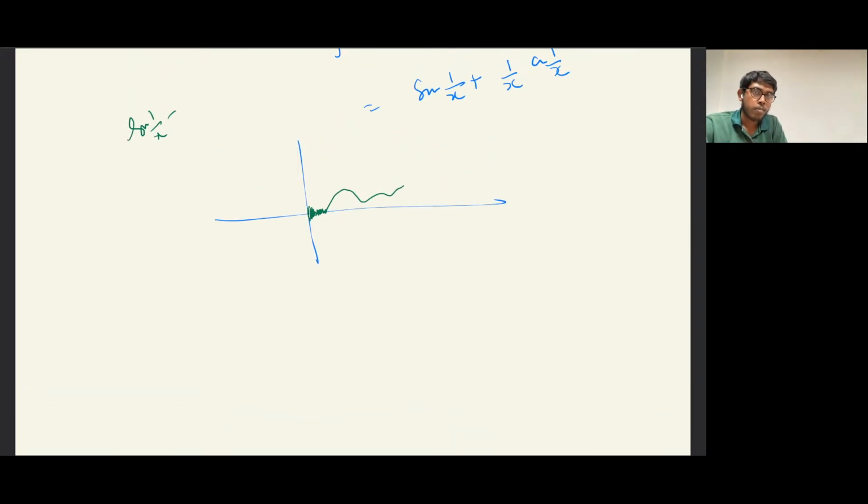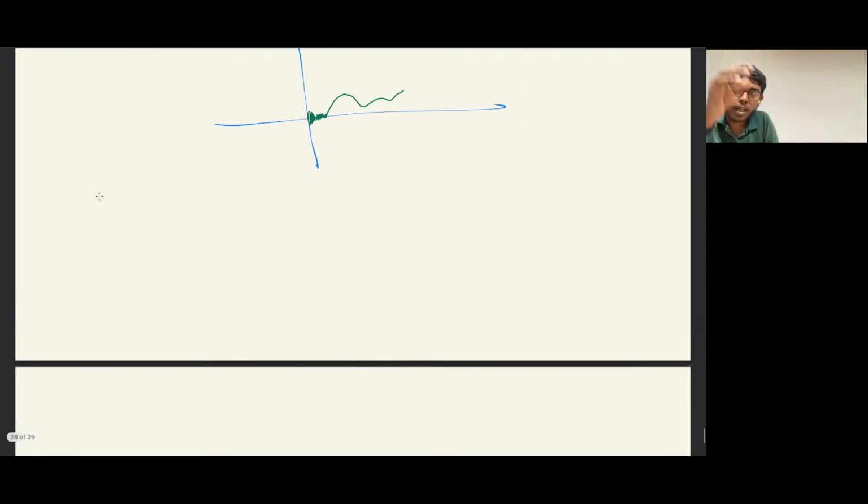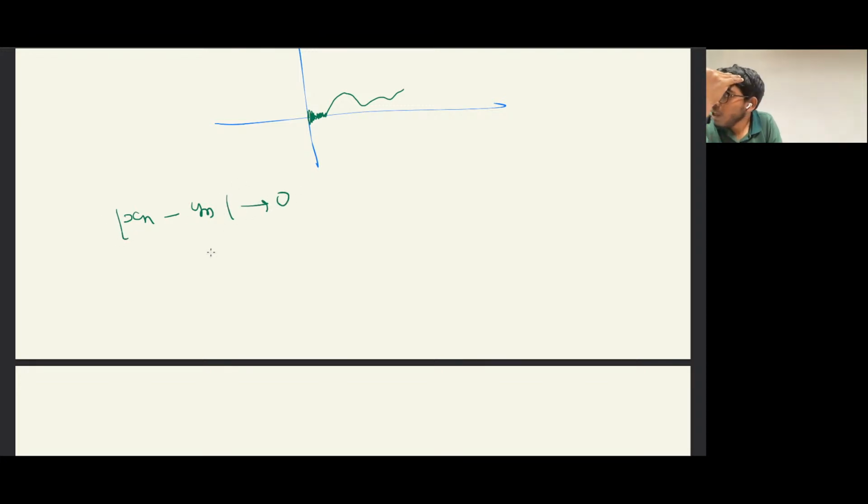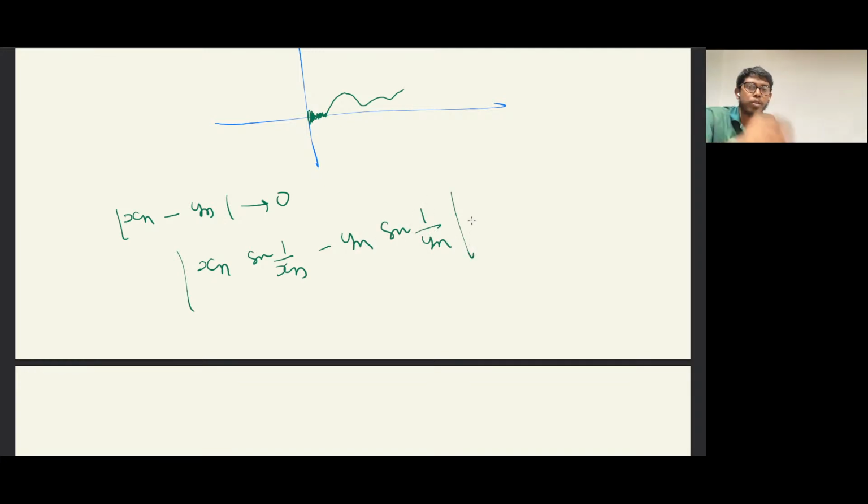But let's see if I can prove it. I'm not sure. If I choose xn and yn so that xn minus yn converges to 0, to prove that xn sine 1 by xn minus yn sine 1 by yn converges to 0.